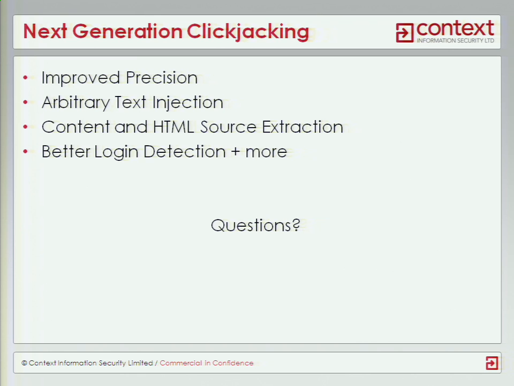And we can also go beyond cross-site request forgery. So we can actually extract content from a page, even if it's not vulnerable to cross-site scripting or anything like that. And we can also use the fragment position detection method to tell various things about what's inside an iframe.